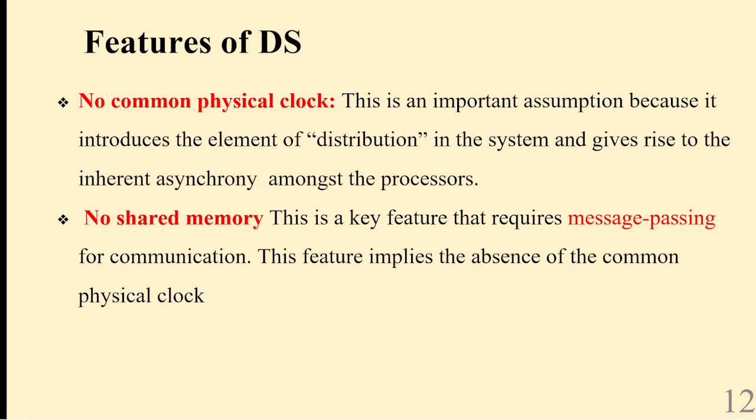No one knows which one is correct. Just like that, each computer has its own clock. There is no single master clock, so we cannot say this one is correct or this one is not.